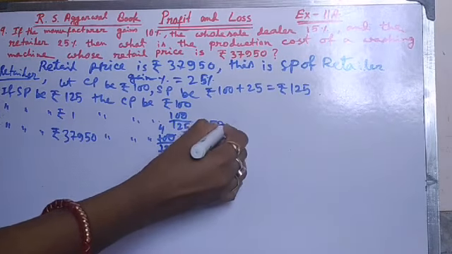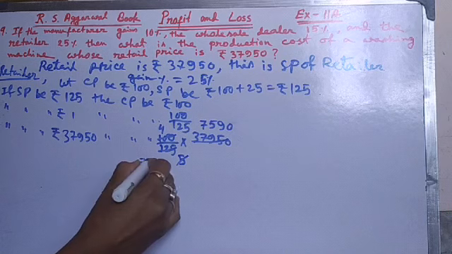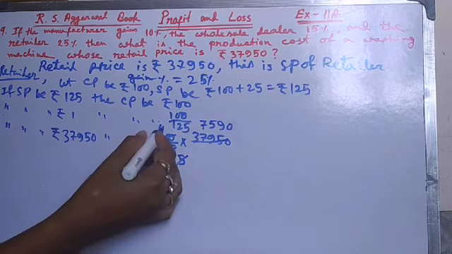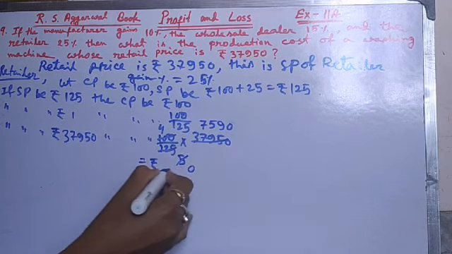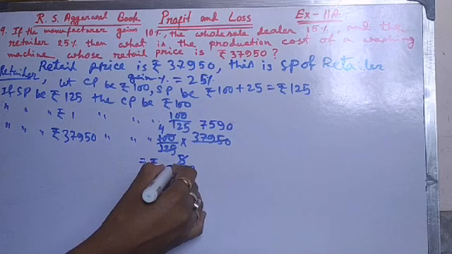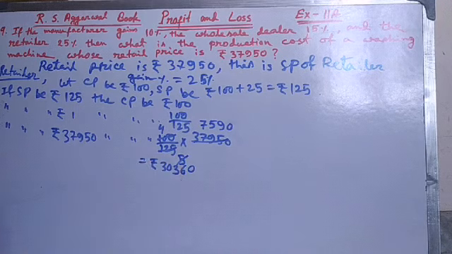Then 45. 5 9s are 45. So here cost price is retailer's cost price, that is 400. 4 9s are 36. This one 30,360. This is retailer's cost price.